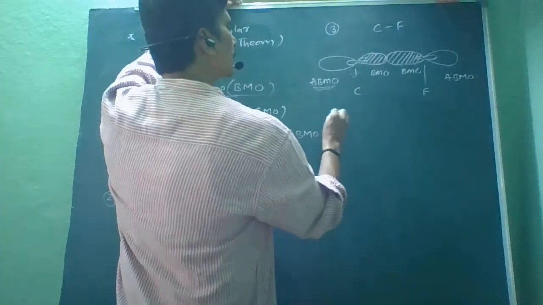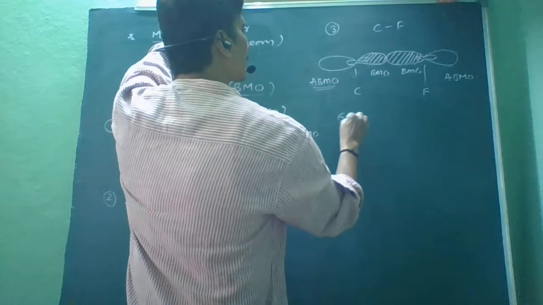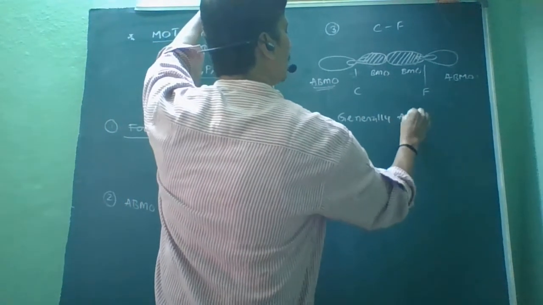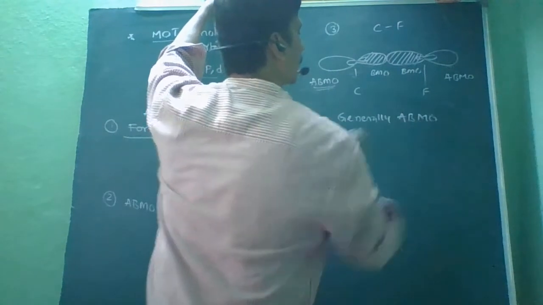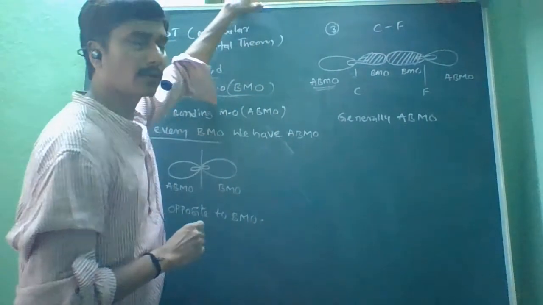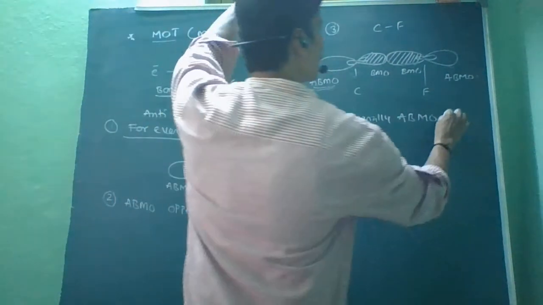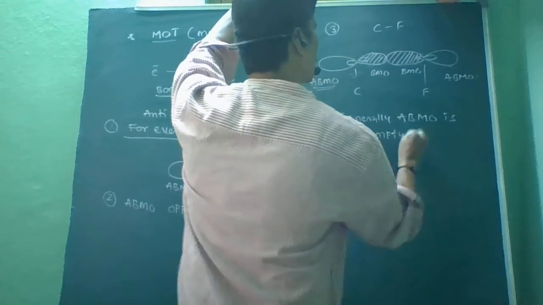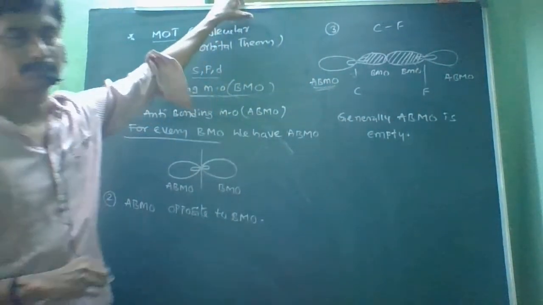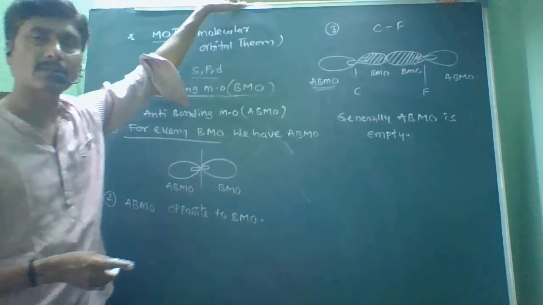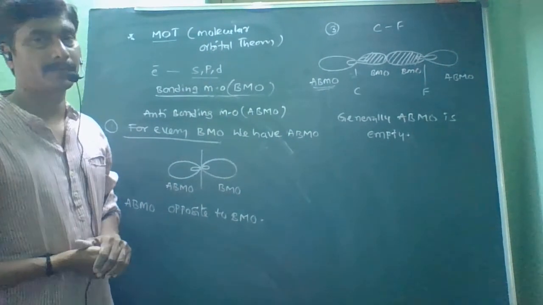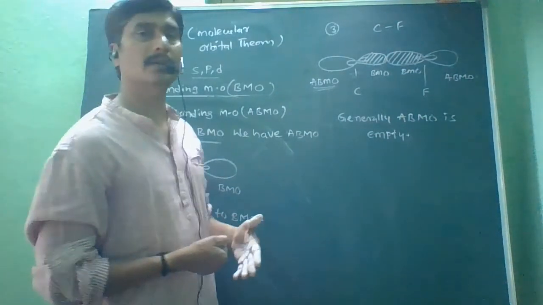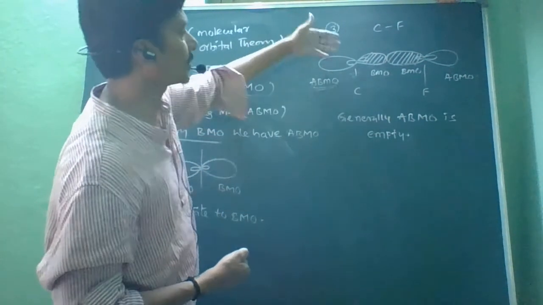So what is the third one? Generally, the ABMO, anti-bonding molecular orbital, is empty. You don't have any electron density unless a reaction is initiated.